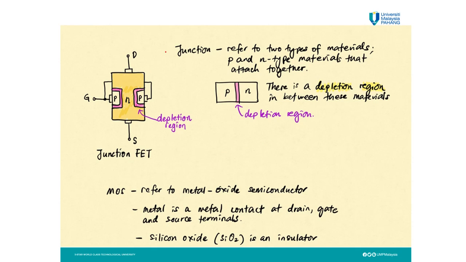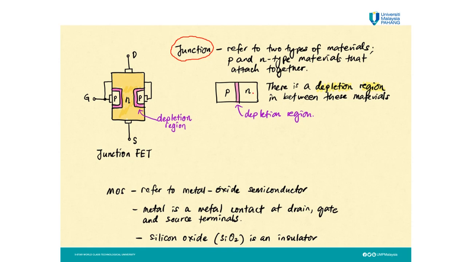So for the JFET, or junction FET, the meaning of the junction refers to two types of materials, P and N type, attached together. Here, the P and N attach together, and automatically there is a depletion region in between these materials.